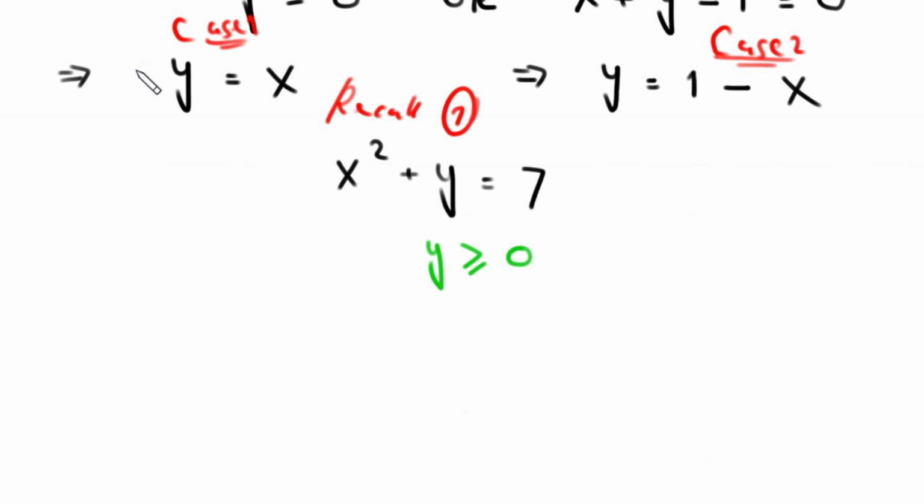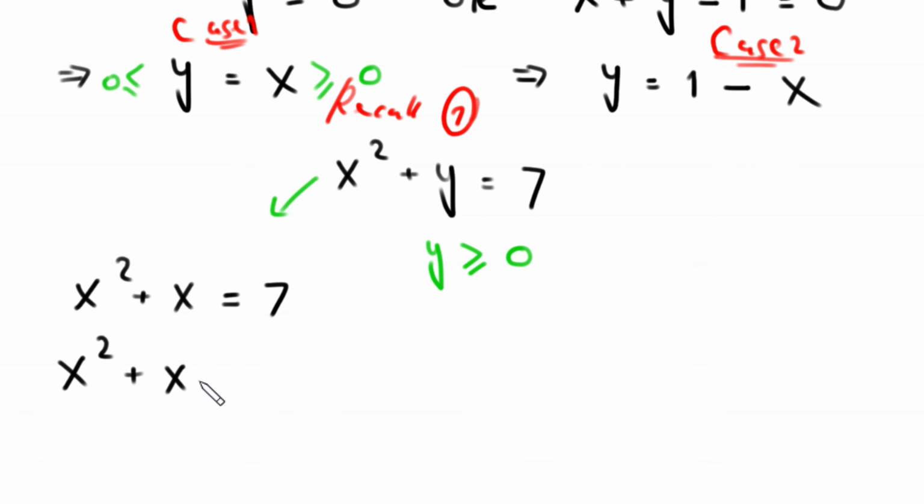Since y must be greater than or equal to 0, so x must be greater than or equal to 0. Now we replace y with the value x, so this equation becomes x squared plus x equals 7. Move this 7 to the left hand side, and this becomes x squared plus x minus 7 equals 0.